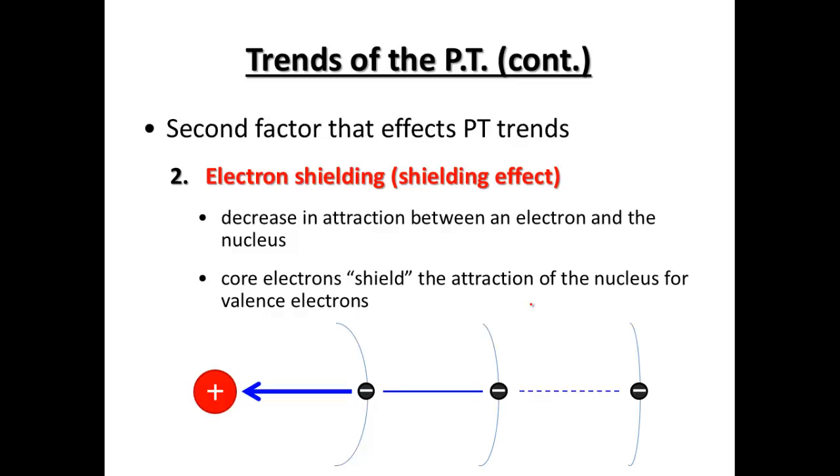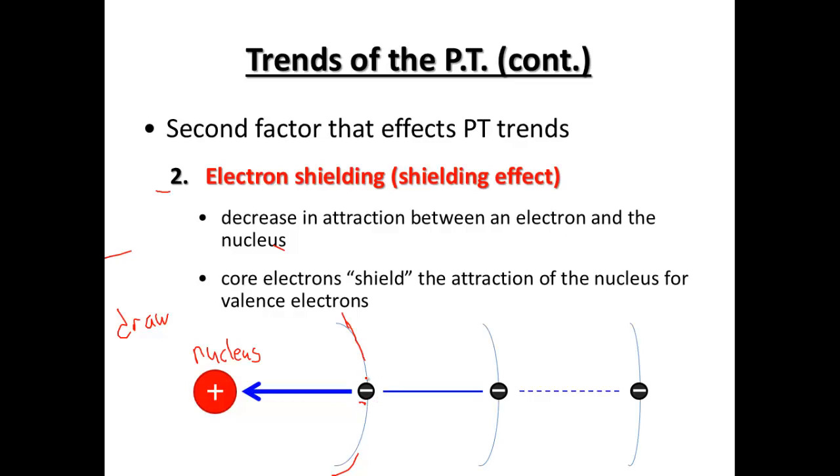For our second picture, for electron shielding, we're just going to draw this underneath number 2 in the slide. If we say this is the nucleus, and this is each level around the nucleus, the inner electrons, the positive and negative, are attracted to each other.